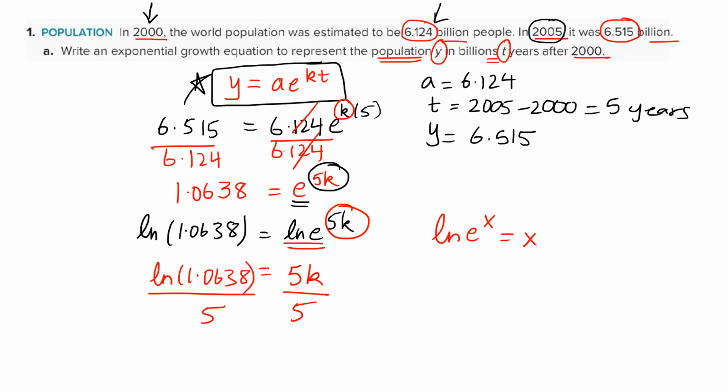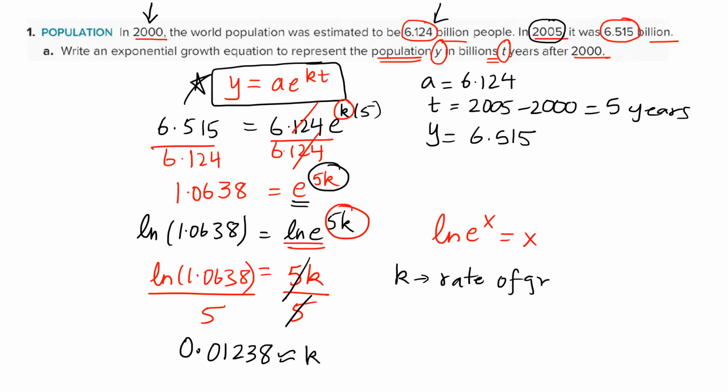So again, use your calculator and this whole part comes out to be around 0.01238. So this is an approximate value because it's a long decimal. This 5 cancels definitely. So this part of the question, part A, gives me the value of k, or the rate of growth.